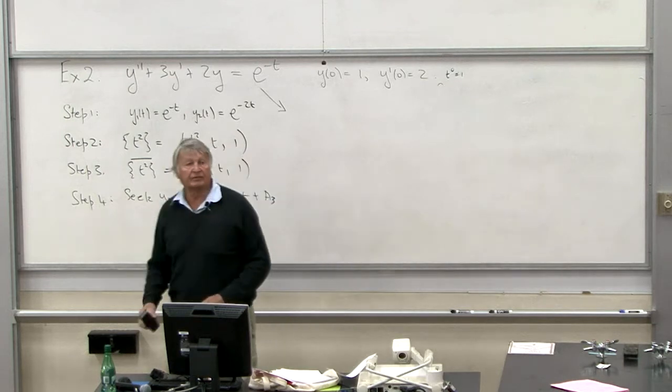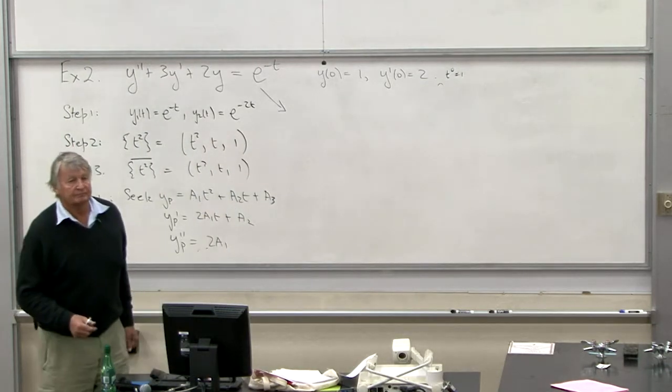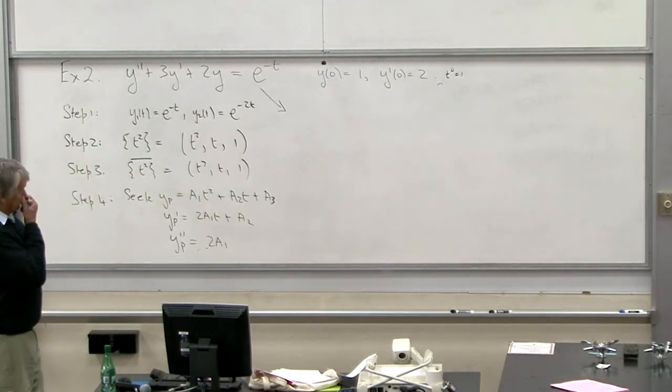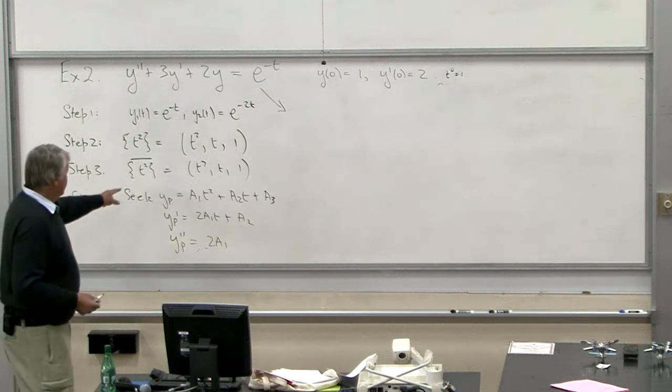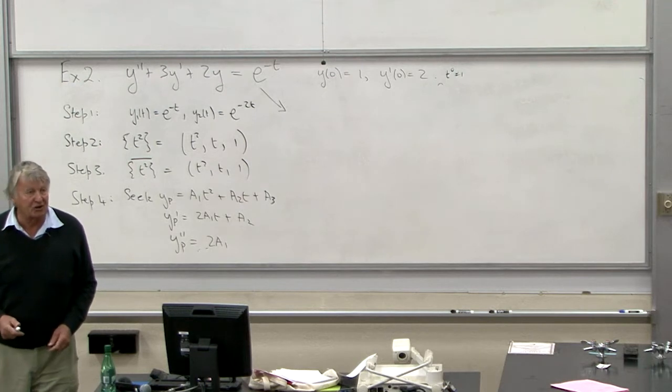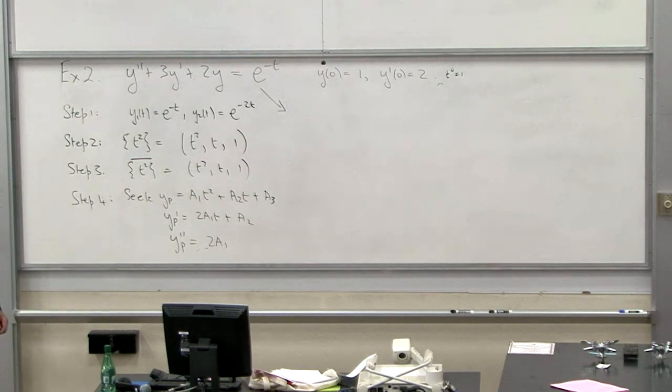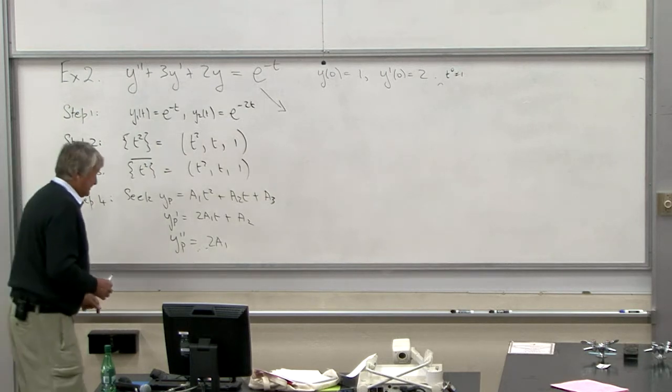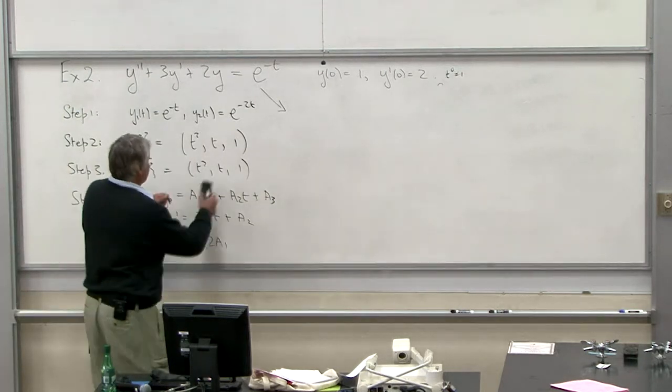Excuse me, yes. Could you explain step 3 one more time? Step 3 here. You're going to see it in action. So, I shall be calling on you. All right.